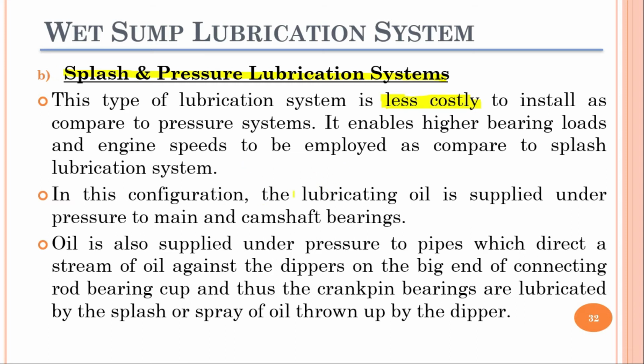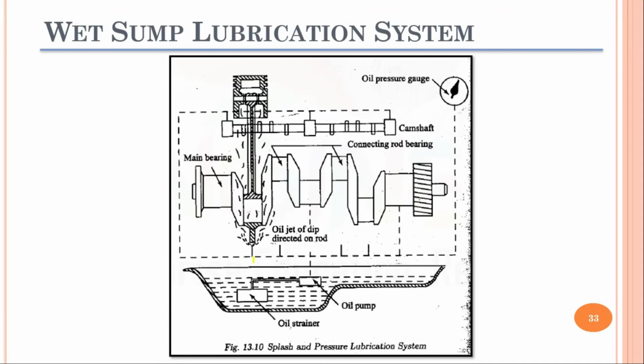So in here you can see in this lubrication system that again we will have the oil trough. Here you can see that the oil is coming from this oil pump, and then from this pipeline it is being pumped to the necessary portions of our IC engine.